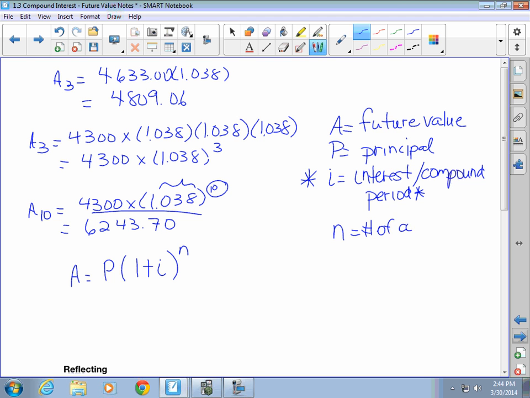So n is the number of compounding periods. So this is our formula that we're going to be using when we're looking at future value for compound periods. There's simple interest periods where you're just earning interest strictly on your principal amount, then you wouldn't use this formula.